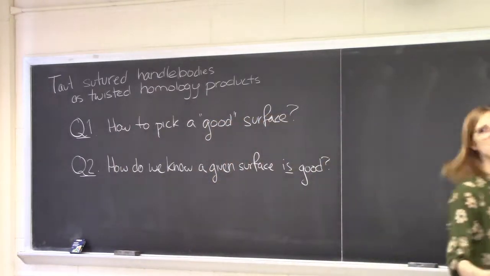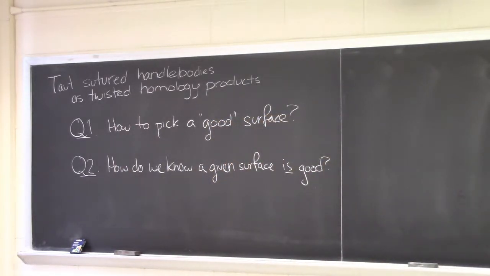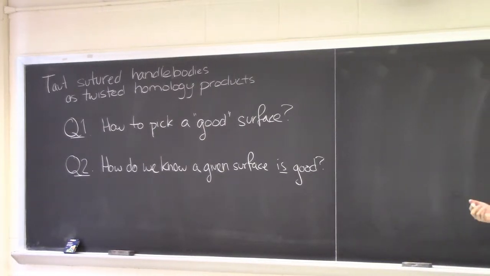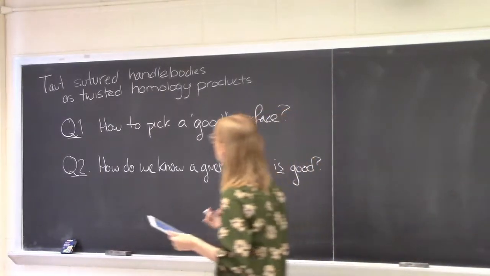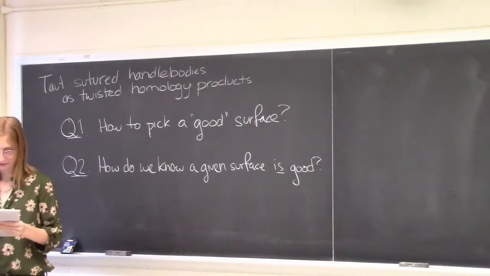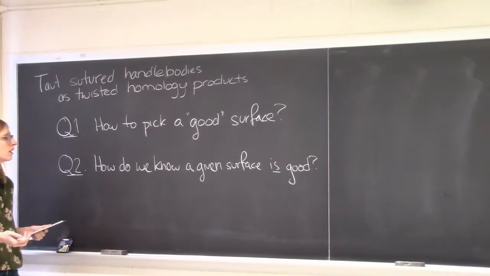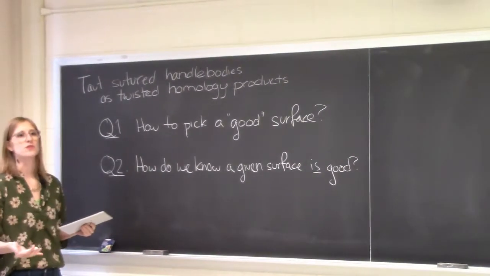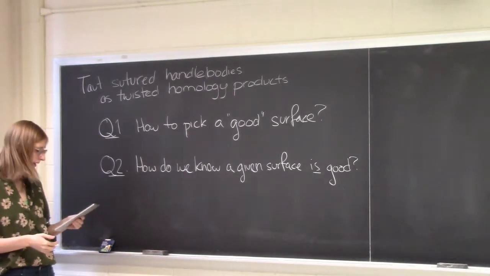I will get into what I mean by complexity in this setting and how we address the second question. We're going to be considering a notion of complexity that is called the Thurston norm, which I'll get into defining a little bit later.